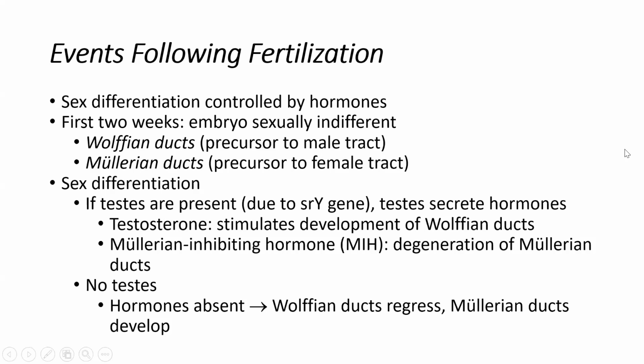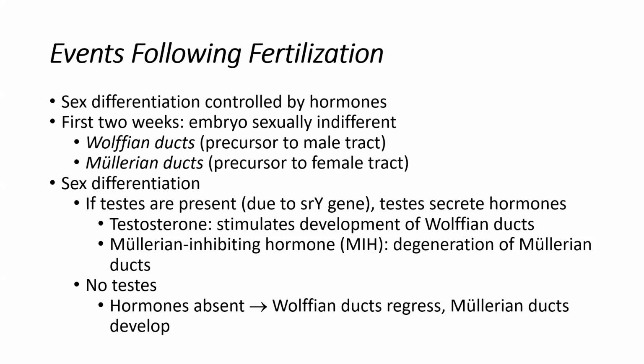Now, thinking about the path of going down the male reproductive structures, if testes start to develop, then the testes will secrete testosterone. And the testosterone is what will stimulate the development of the Wolffian duct.